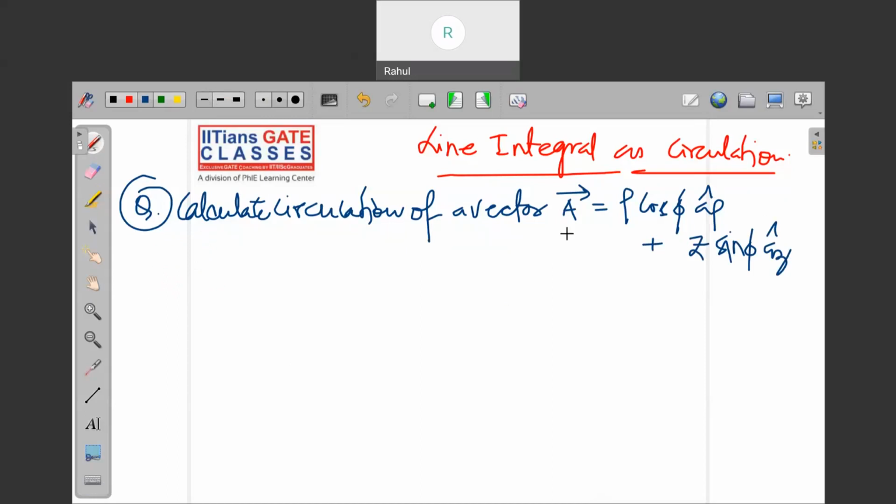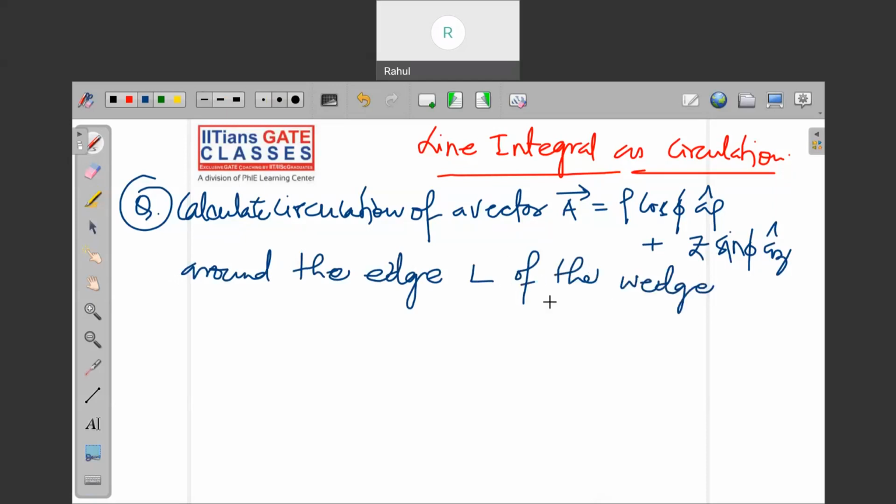So this A is given, and we have to calculate the circulation of vector A around the edge L of the wedge defined by. One wedge is given here.